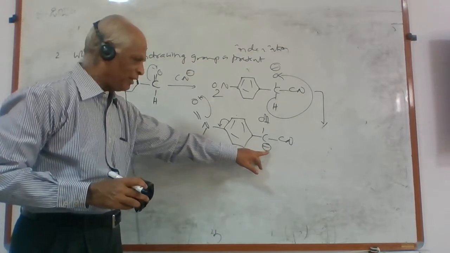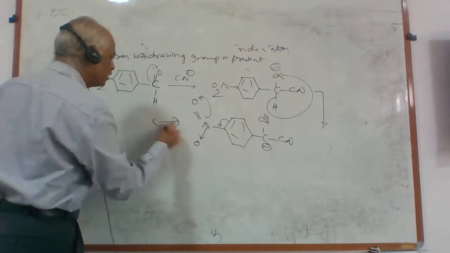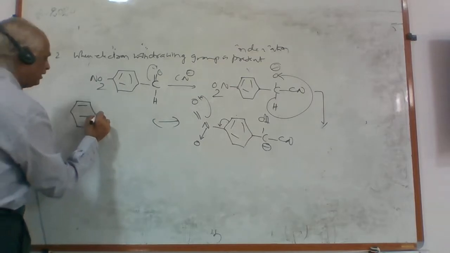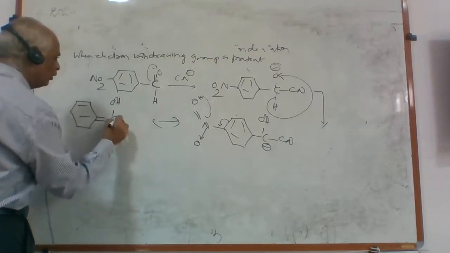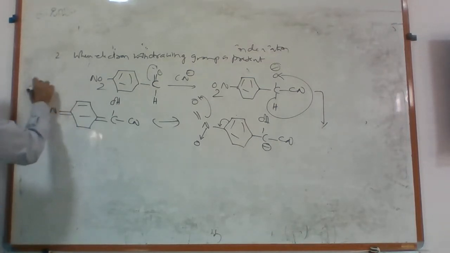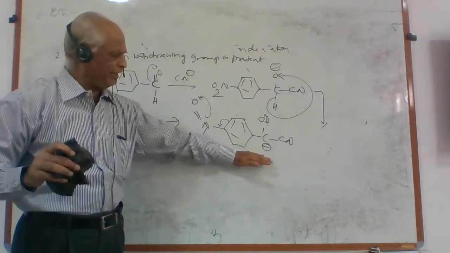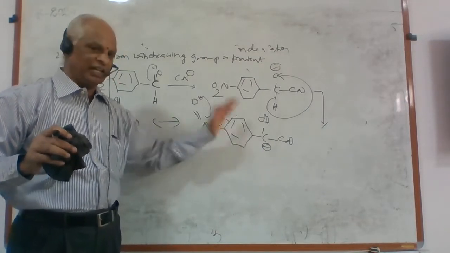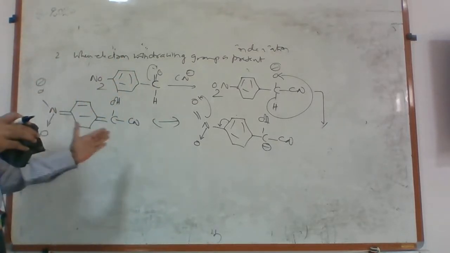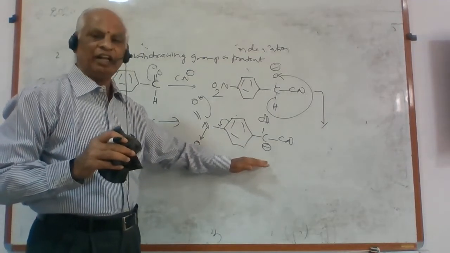Therefore, this negative charge enters into the benzene nucleus, thereby the resulting structure is C, OH, CN, with N double bond O, negative O. That means the carbanion's negative charge has been resonance stabilized, or pulled towards the nitro group. That means further reaction is not possible.